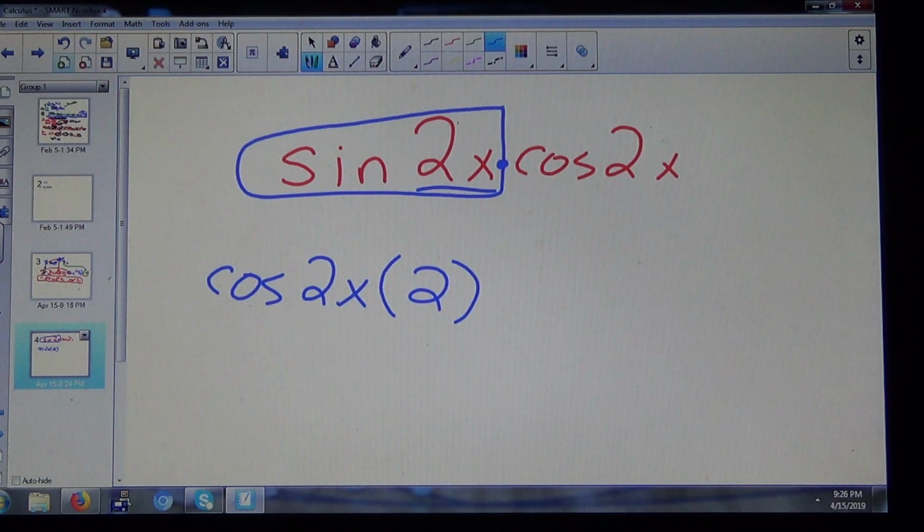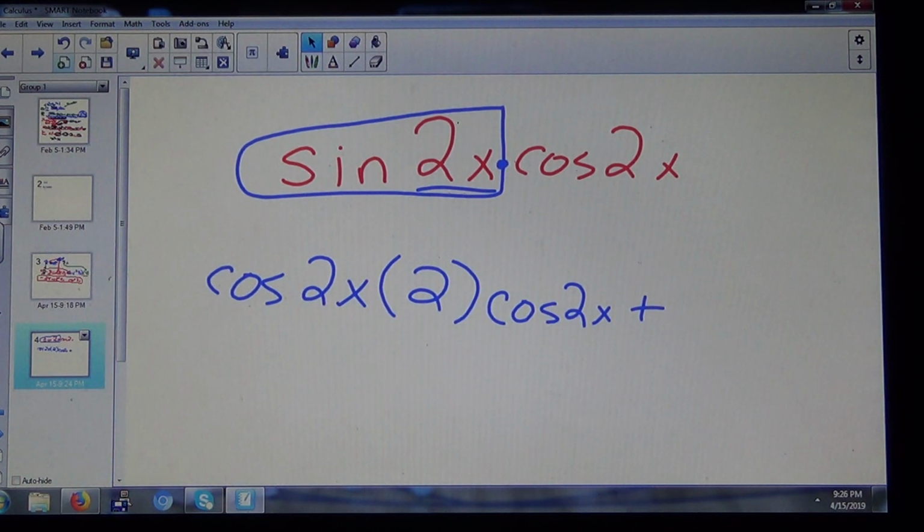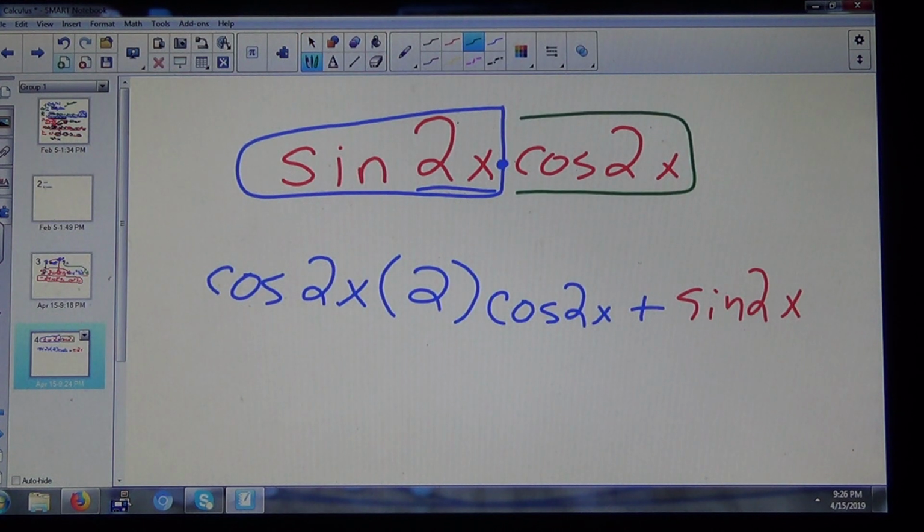Derivative of the first times the second, plus the first times the derivative of the second. The derivative of cosine is negative sine of 2x. But what have I not done the derivative of also? That, so then it's also got to be timesing it by 2.